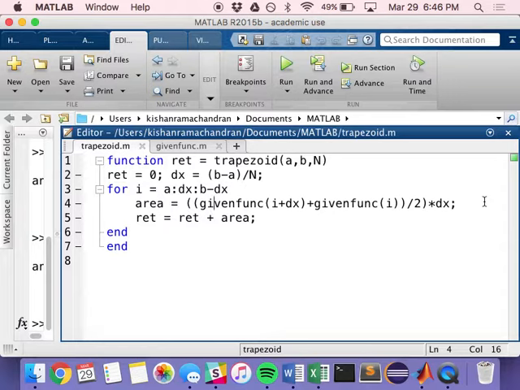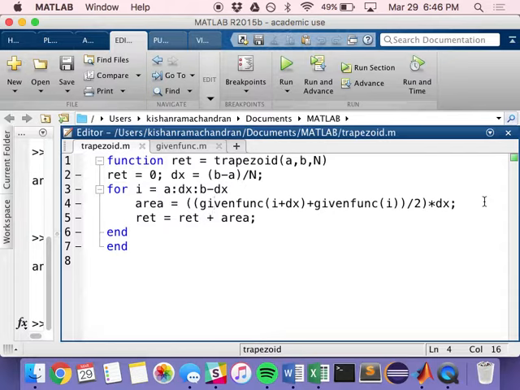So you start at a, you go up to a plus dx, and find the area of this guy first. That's the first loop. Second loop, you go here. That's a plus 2 dx, because the increment's dx. So you go to a plus 2 dx. Find the area of this guy. So on and so forth.